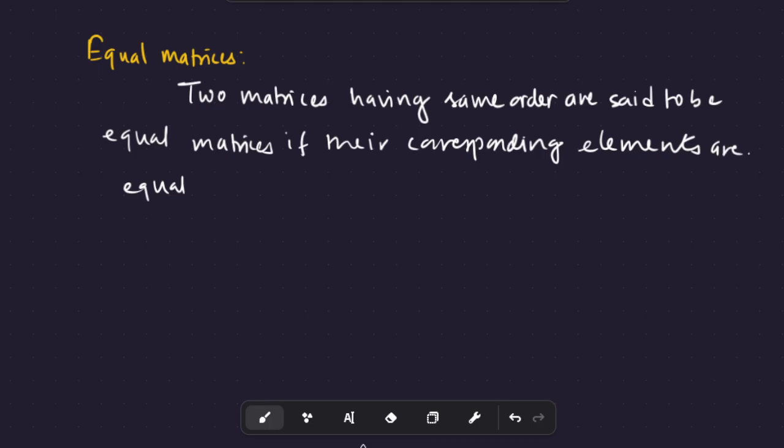Okay, the two matrices are said to be equal if their corresponding elements are equal, and the next thing is they must have the same order as well. Then only the two matrices are said to be equal.